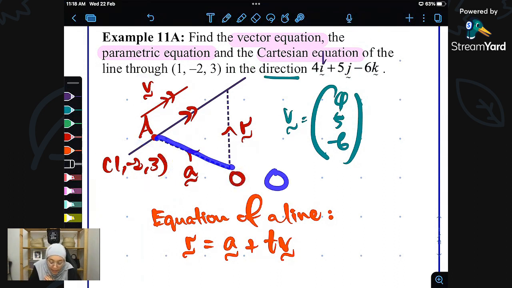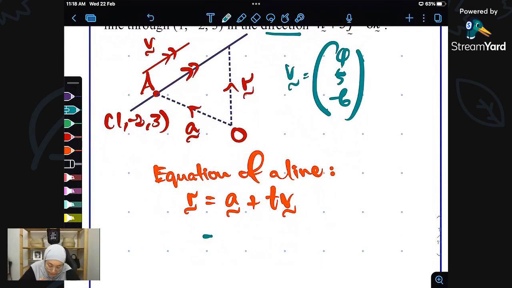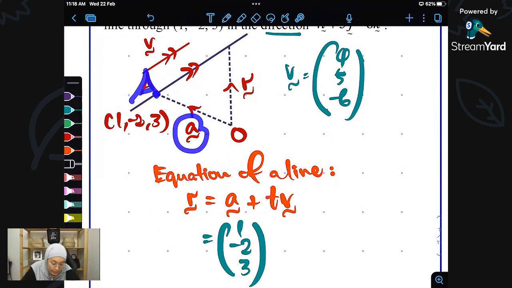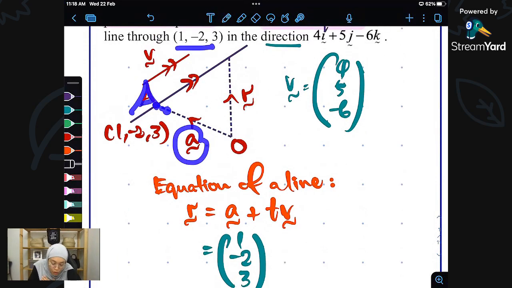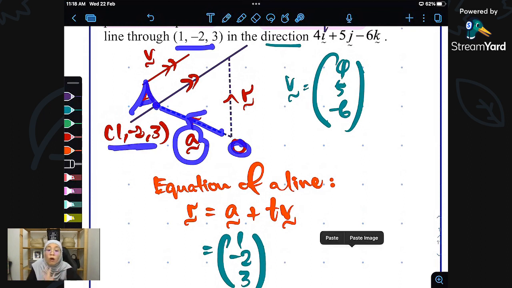So OA is actually equals to the A vector. So we can just use this and sub into the formula of the equation of line. So it's not that hard. Just subs in the vector A, 1, -2, and 3. This is position vector ya, from the point A. Jangan takut, walaupun ini point, dia juga boleh ditulis sebagai vector setelah kita faham dia datang daripada origin.